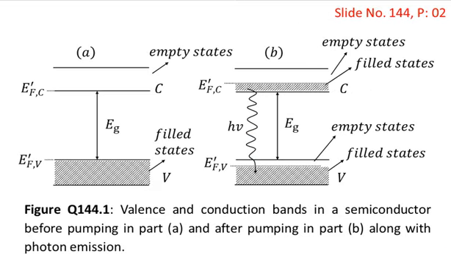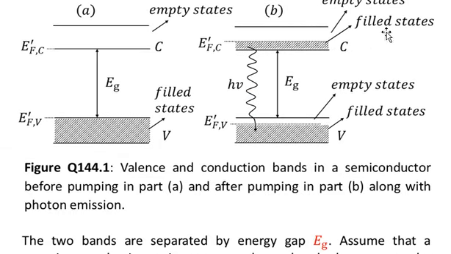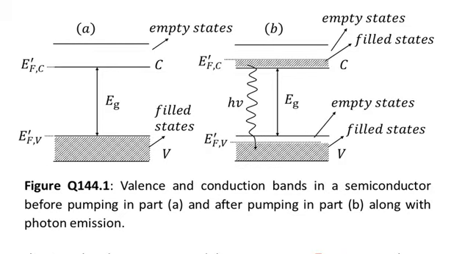So now let's explain part B of this figure, which is after pumping, with photon emission. Let me read the caption first. Valence and conduction bands in a semiconductor before pumping in part A and after pumping in part B. I have also shown photon emission there.